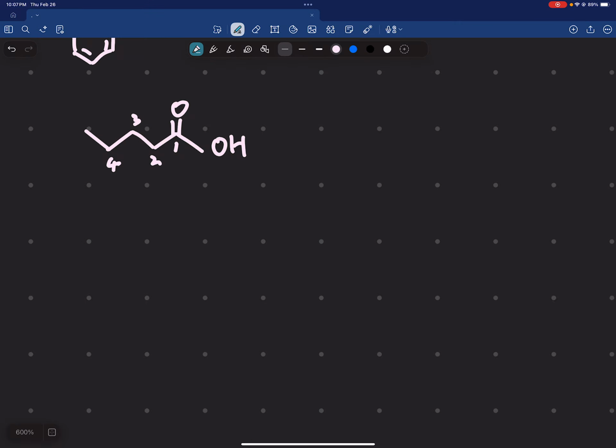Let's say we had an NH2 here, so this will be 4-aminobutyric acid, otherwise known as GABA.